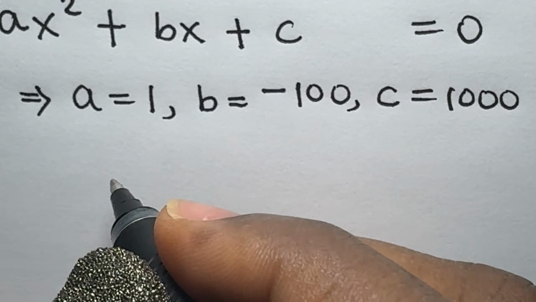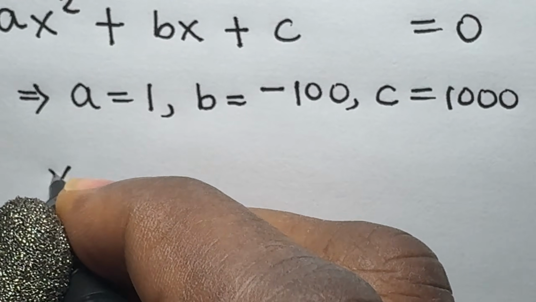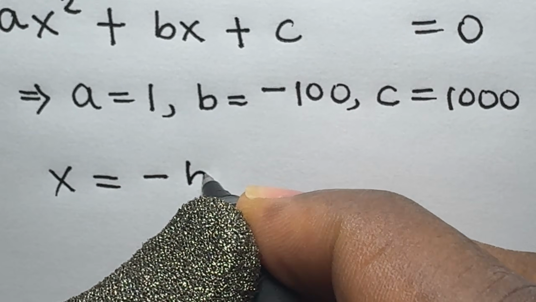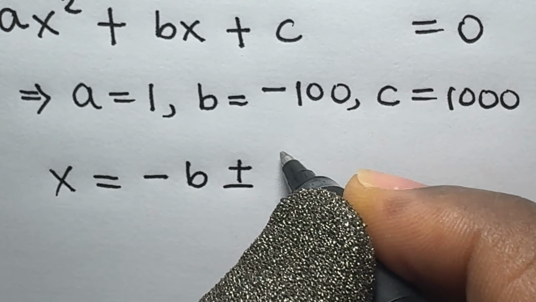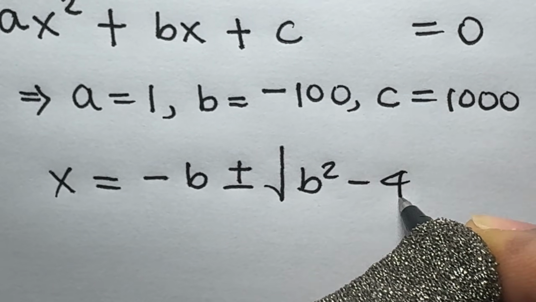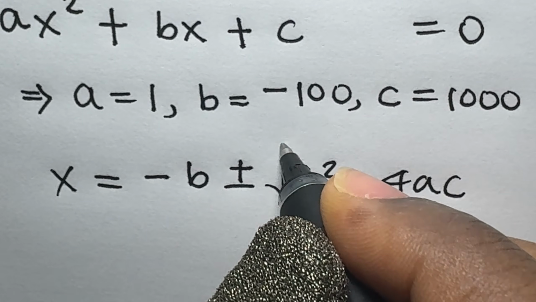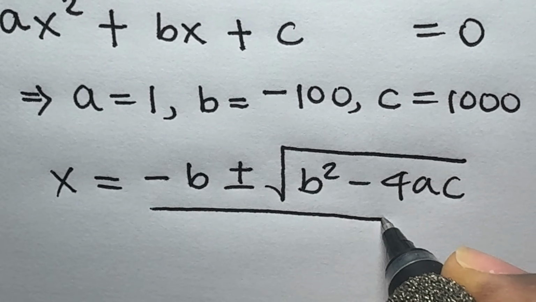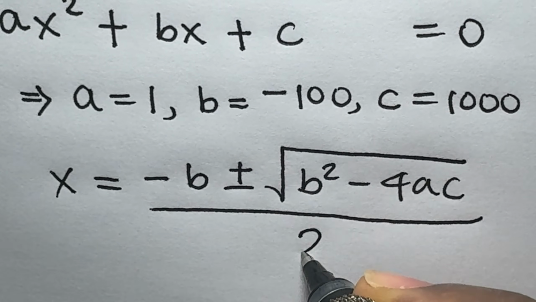Let us use the general quadratic formula to solve for x. This will give us minus b plus or minus square root of b squared minus 4ac over 2a.